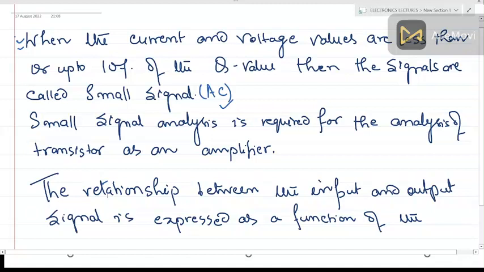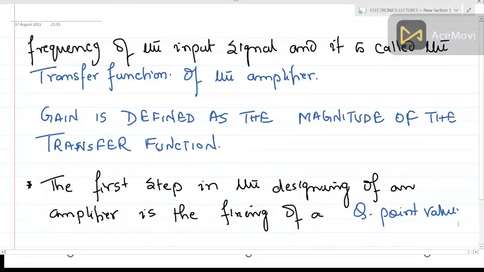Now what is the parameter to discuss this relationship? It is expressed as a function of the frequency of the input signal, and it is called the transfer function. Transfer function is basically a mathematical concept. The parameter that is of interest in the study of transistor amplifiers is the gain. This gain is actually defined as the magnitude of the transfer function.